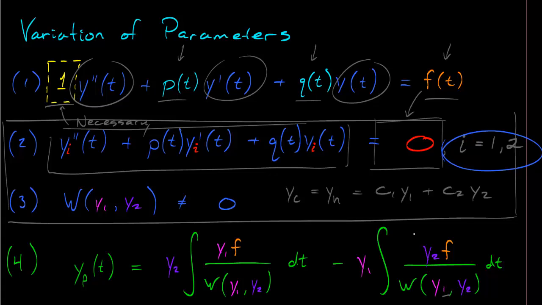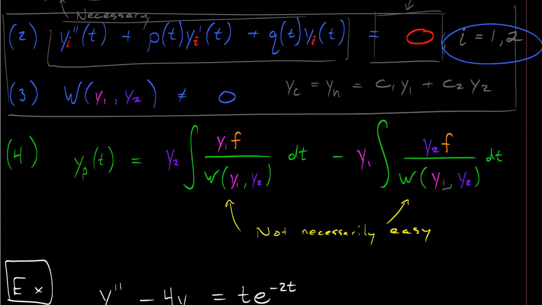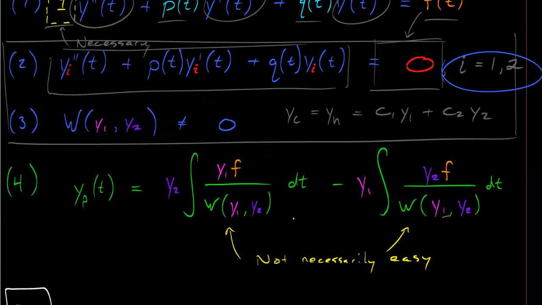But keep in mind, all of these things are functions of t. Variation of parameters is very nice because it wraps up solving a differential equation into this single formula. The catch is that it's not necessarily easy to do these integrals.